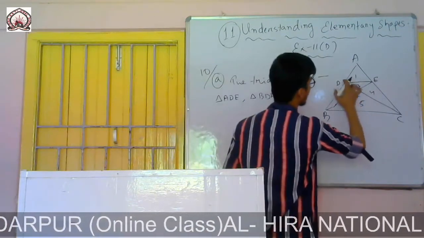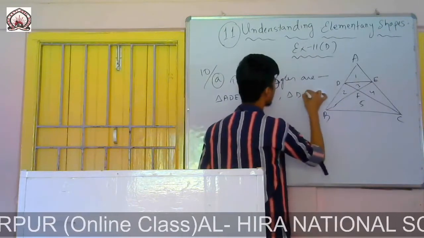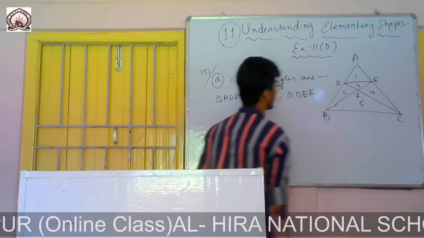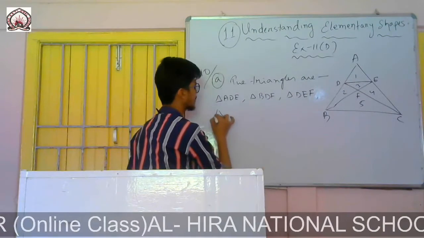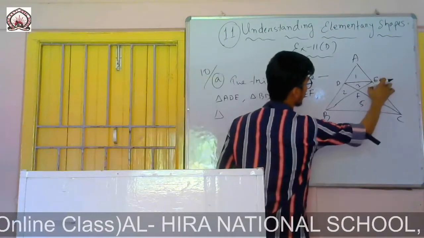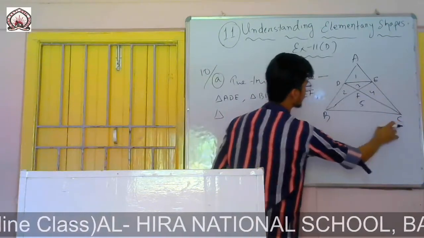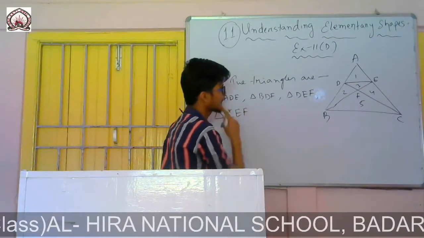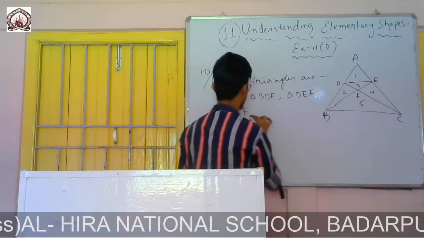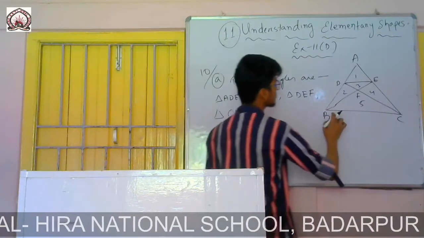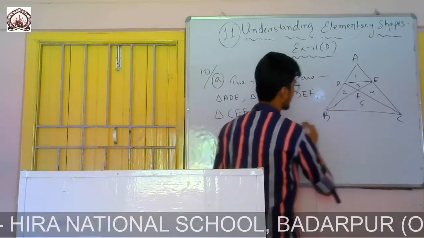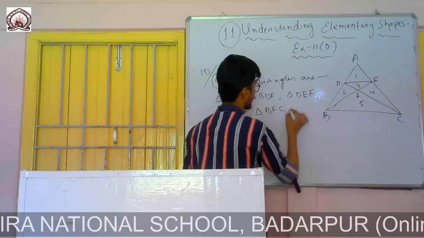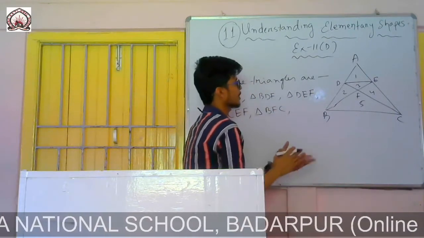Then C, DEF, then triangle 4, CEF, you write CEF, then number 5, it is BFC. So now we will take two numbers at a time.